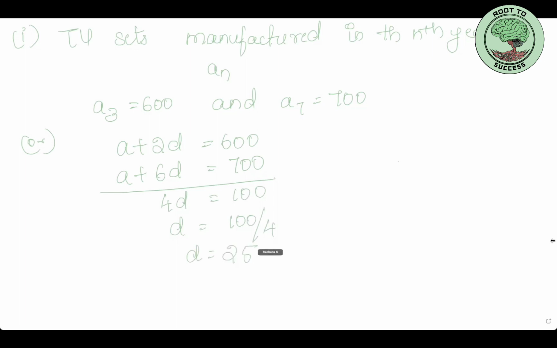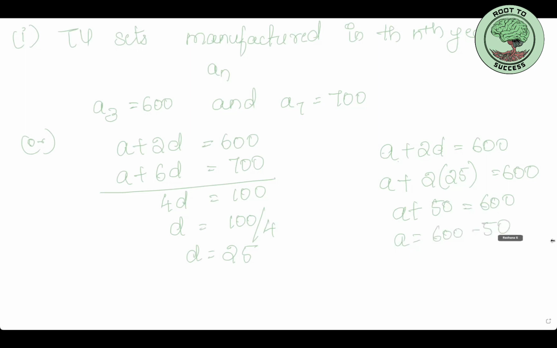And let us find out a. a plus 2d is equal to 600. a plus 2 into 25 is 600, a plus 50 is equal to 600. a will be 600 minus 50, that is a is equal to 550.